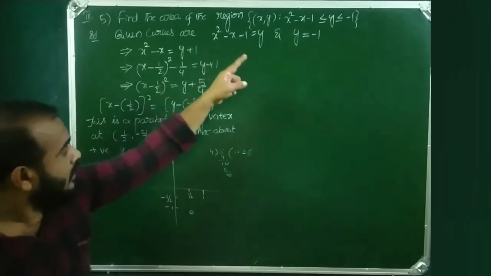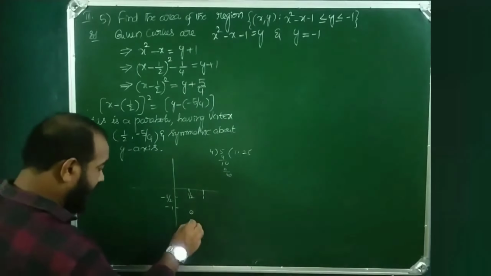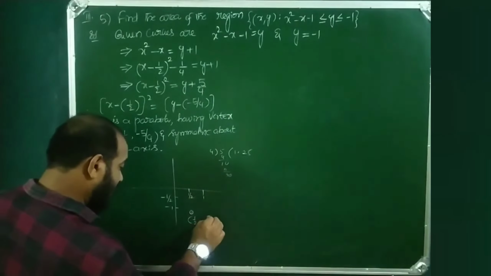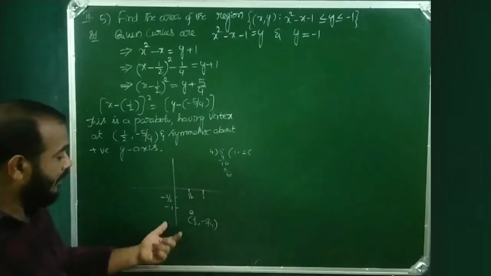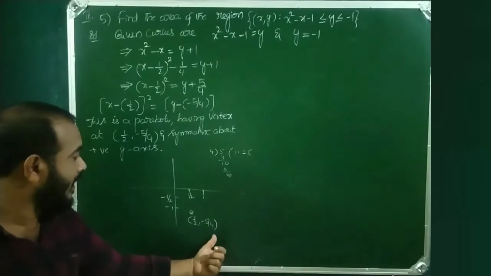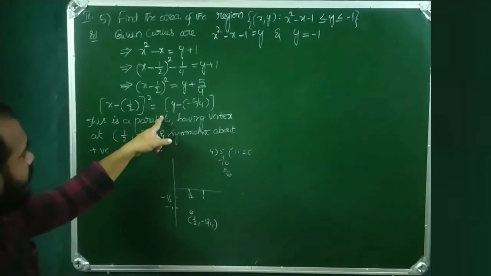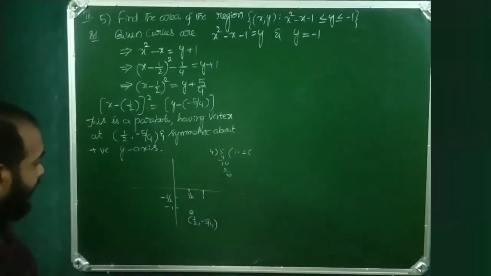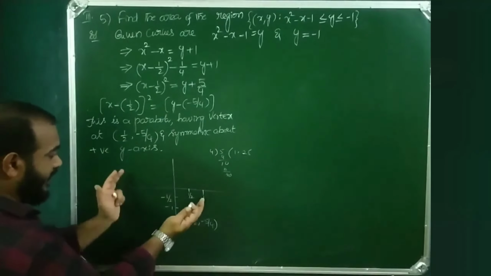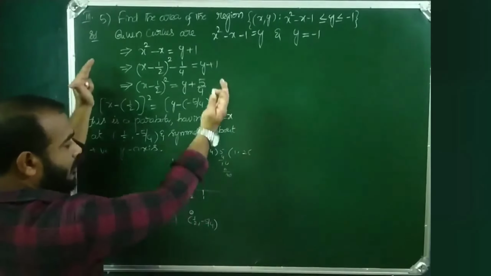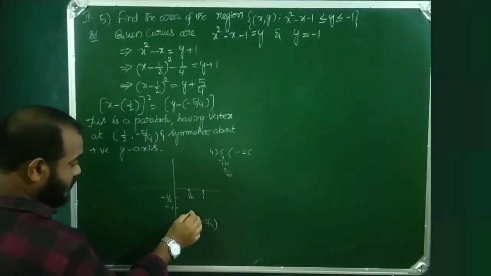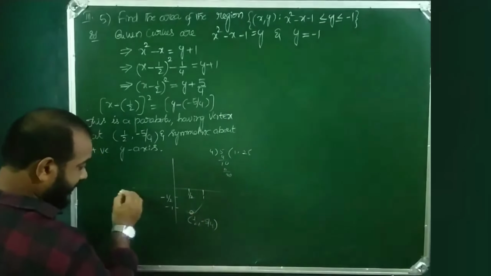So the parabola having vertex at 1 by 2 comma minus 5 by 4 and open in x power even, symmetric about y axis. So for example, this is the y axis, upward parabola. So in the same fashion, it will be like this.